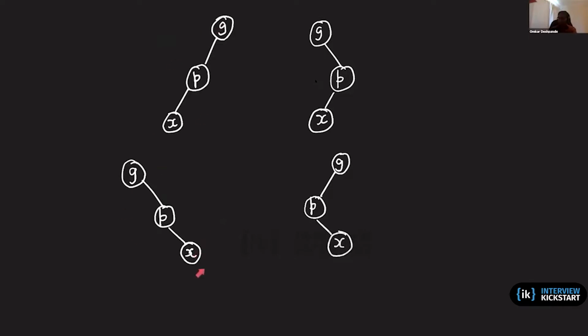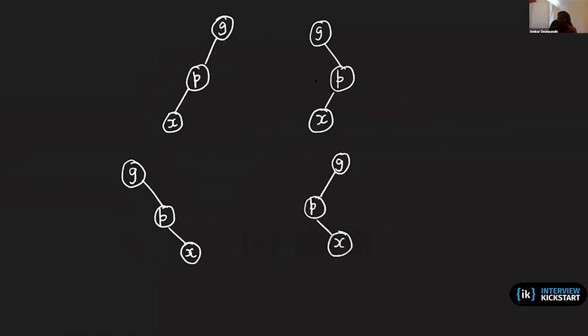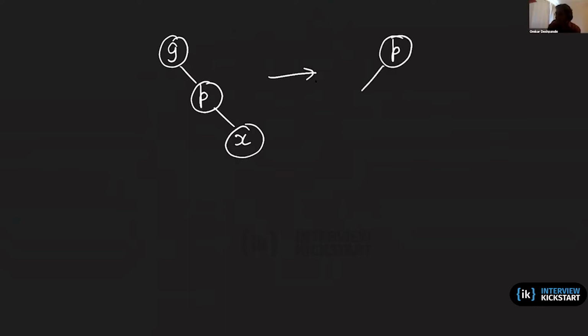We handled the third case here exactly like that. It's just the symmetric case in the opposite direction. Here the balance factor became -2 with the addition of x. So by rotating things from the right side, g p x, we make p become the parent of both g and x.